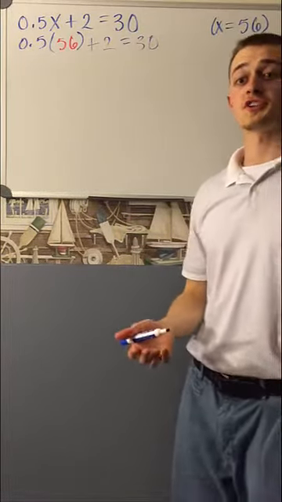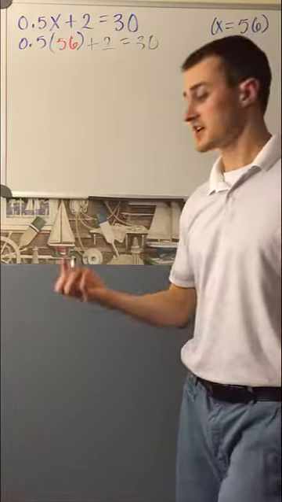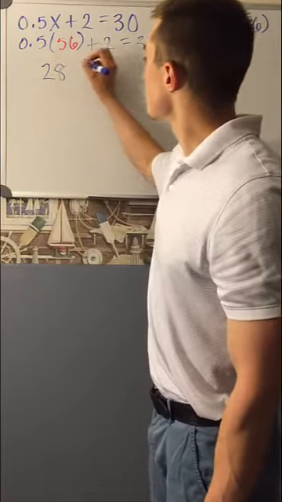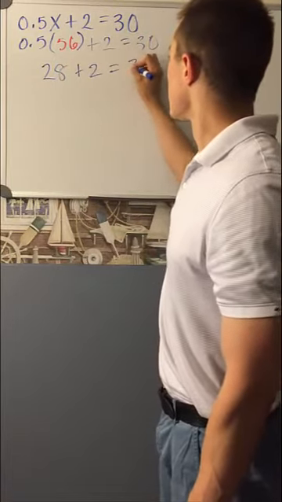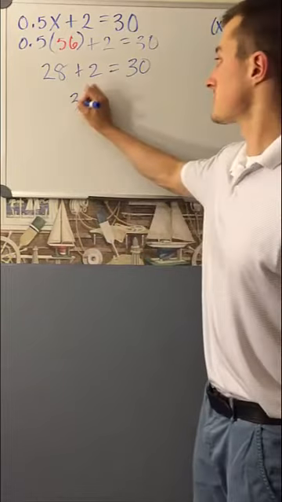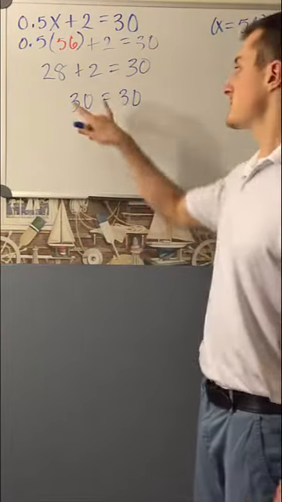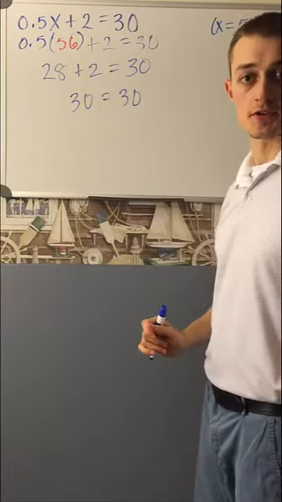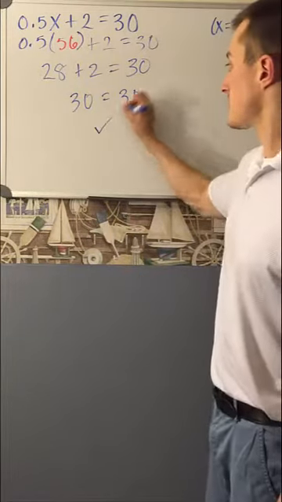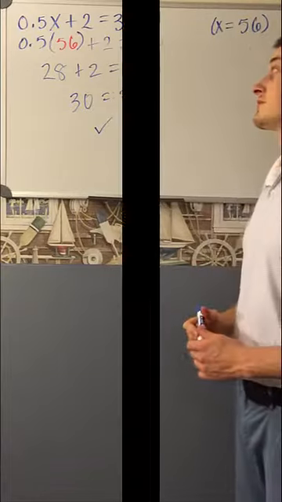Well, if you crunch it on your calculator, 56 divided by 2 is equal to 28. So we get 28 plus 2 equals 30. And 28 plus 2 is, of course, 30. So we see that 30 equals 30. And because both sides of our equation come out to be the same thing, we know that we solved our problem correctly. And x does indeed equal 56.